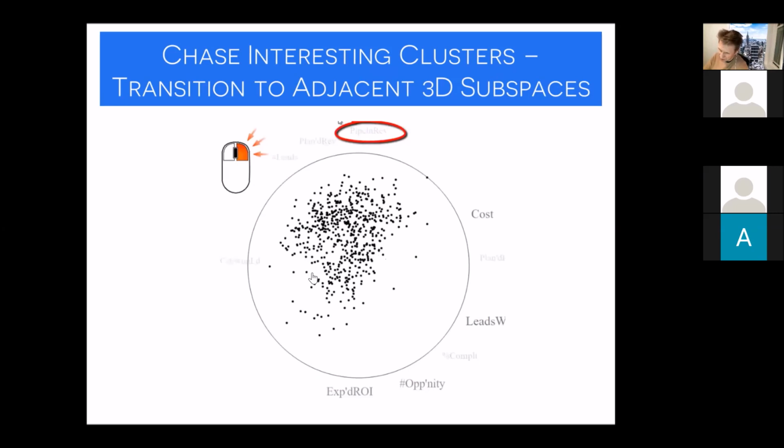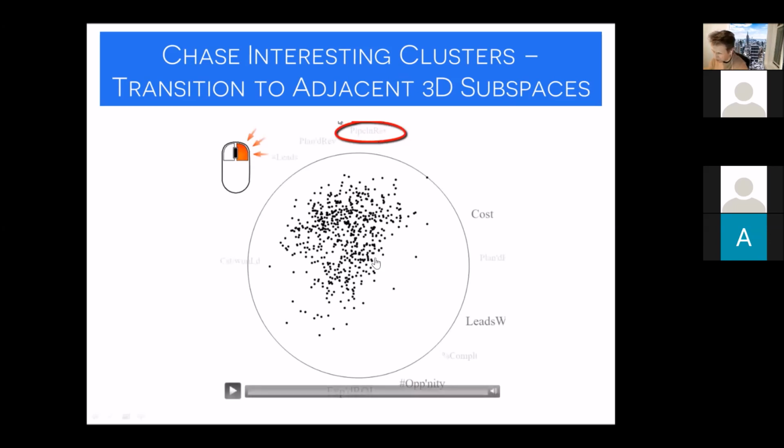So what you basically do is you let the user, let's say the user sees this particular variable, pipeline revenue, right? But it's not very well expressed in this particular view. The user says, well, I want a view that has more pipeline revenue in it, right?